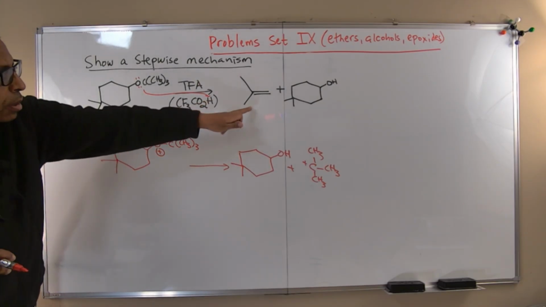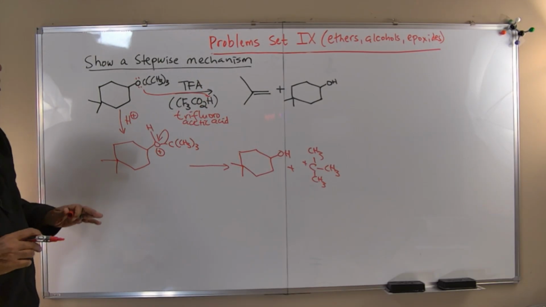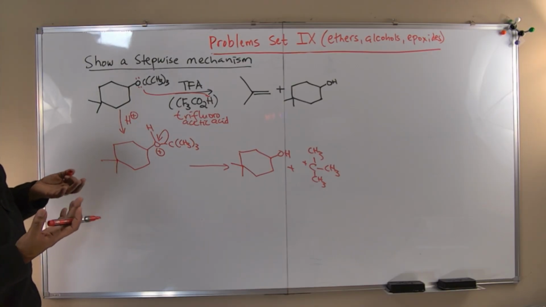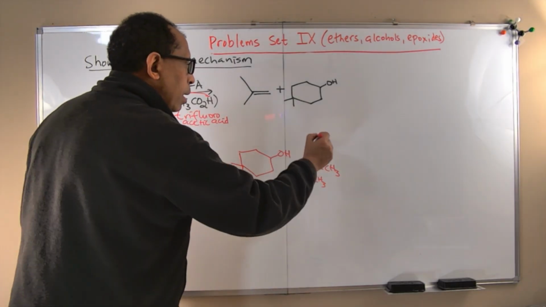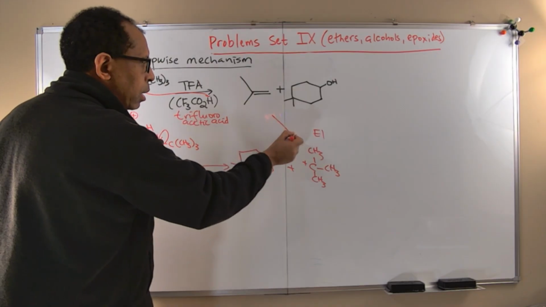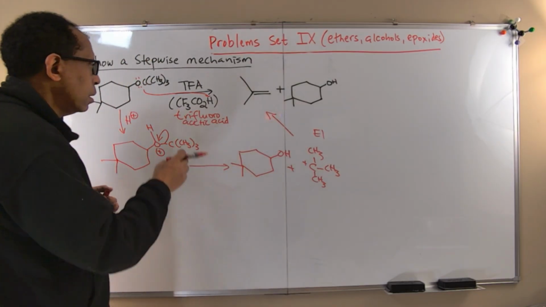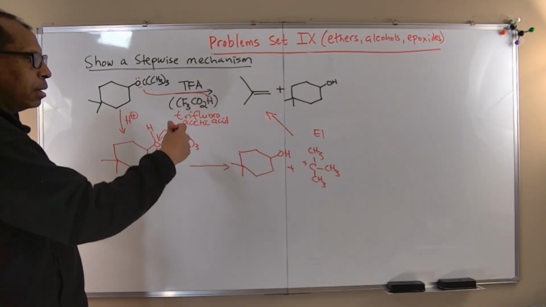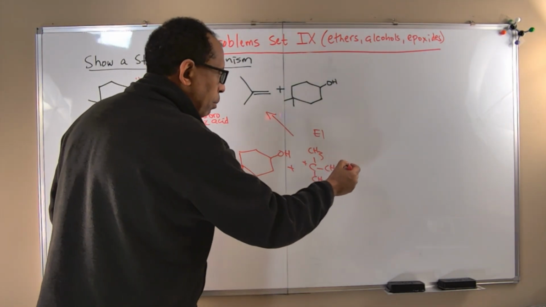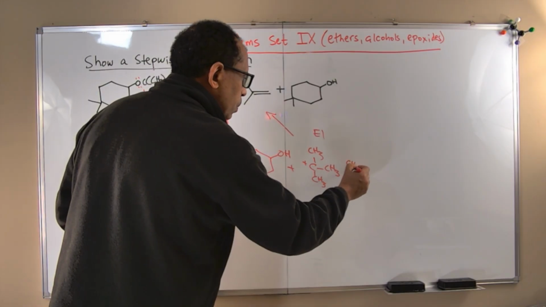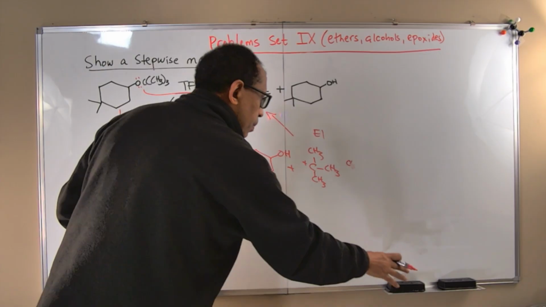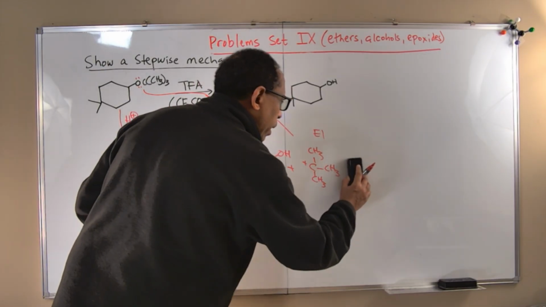But here you see it is an alkene, so it undergoes an E1 mechanism. With the E1 mechanism, you can form that alkene. What happens is the trifluoroacetate, the conjugate base, can abstract one of the protons, a beta elimination. That means you have CO2 minus, the conjugate base, acting as a base.